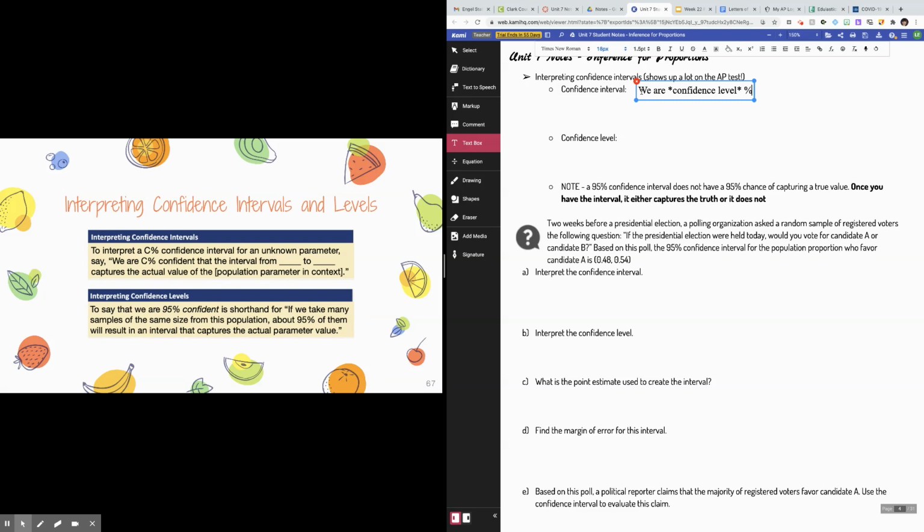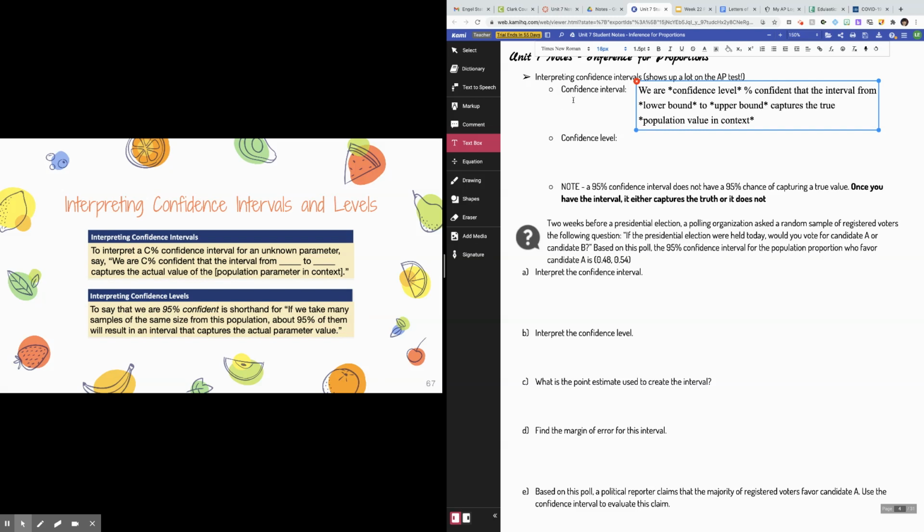We are this percent confident that the interval from your lower bound to your upper bound captures the true, and then you would say your population value in context.